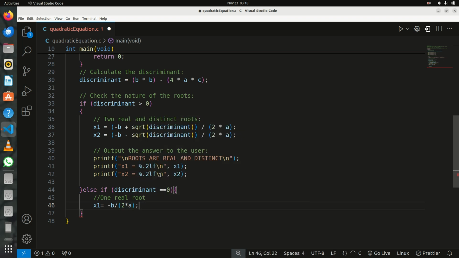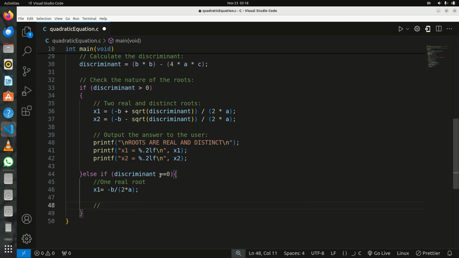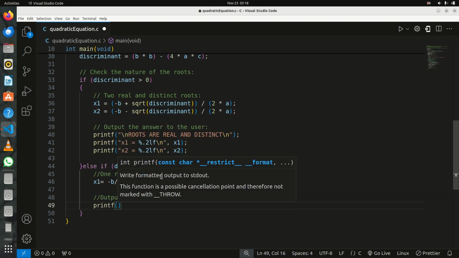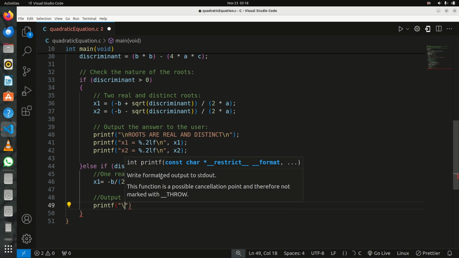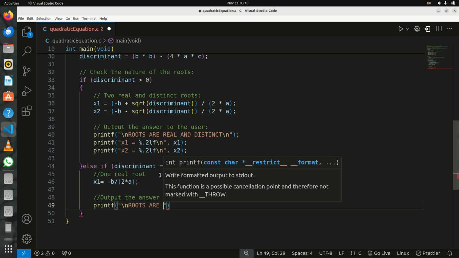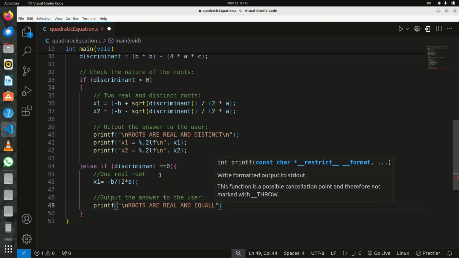Then we print the root to the user. Roots are real and equal.